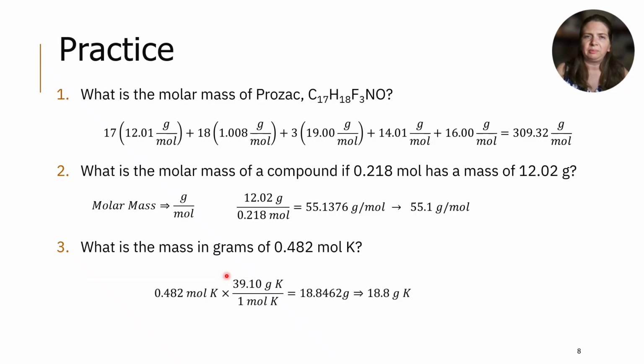From the periodic table, 1 mole of potassium has a mass of 39.10 grams. The moles need to cancel, leaving us with units of grams. 0.482 moles potassium times 39.10 grams of potassium divided by 1 mole of potassium equals 18.8 grams of potassium.